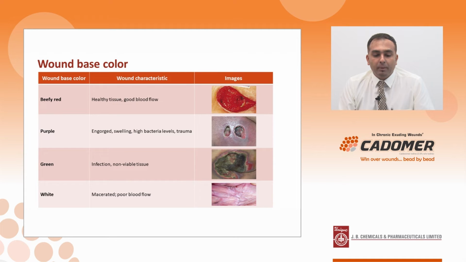If the wound is purple in color, it tells you there is presence of infection, there could be high bacterial load, and that could be because of trauma. If it is green in color, there are chances that the wound carries non-viable tissue, and definitely there would be presence of infection. If it is a white wound base, then it tells you there is poor blood flow and it is macerated.